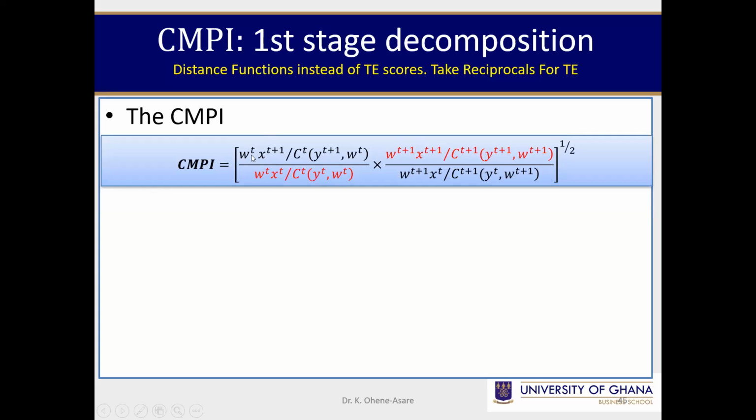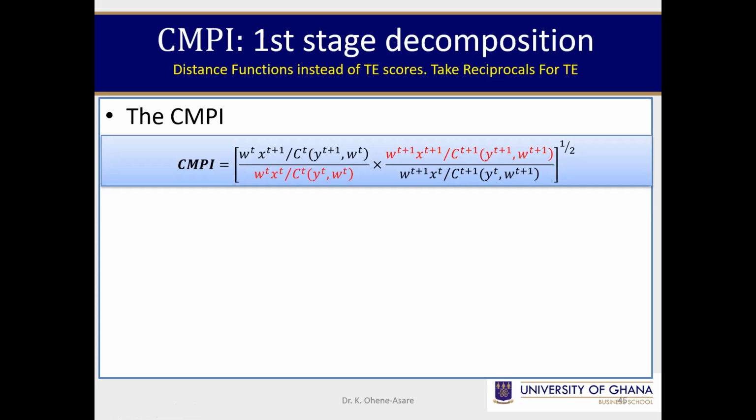Looking at the top one here, the current year is the CT. Suppose I'm talking about year 0 and year 1, the CT is year 0. Yes. And then when you come to the bottom diagonal one here, the CT plus 1 will be year 1. Now, because this one is year 0, we are now measuring something relative to the cost frontier in year 0.